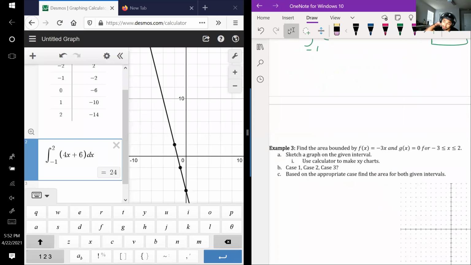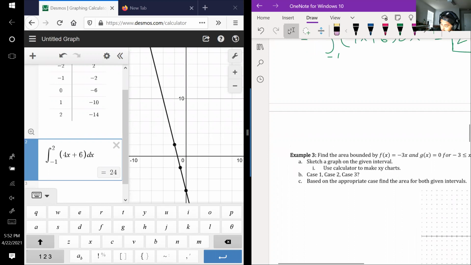Find the area bounded by -3x and 0. So f of x equals -3x, g of x equals 0 on the interval -3 to 2. Okay, so once again, XY charts for both of them. So here we have A, and f of x equals -3x.